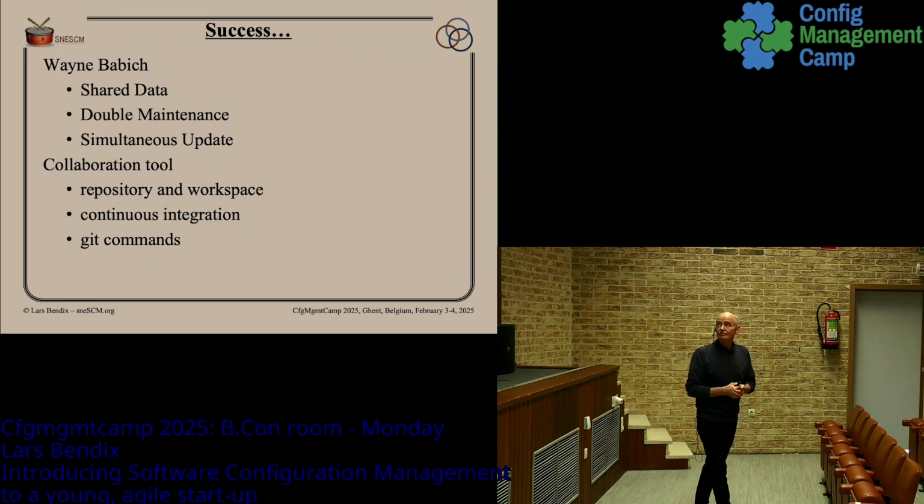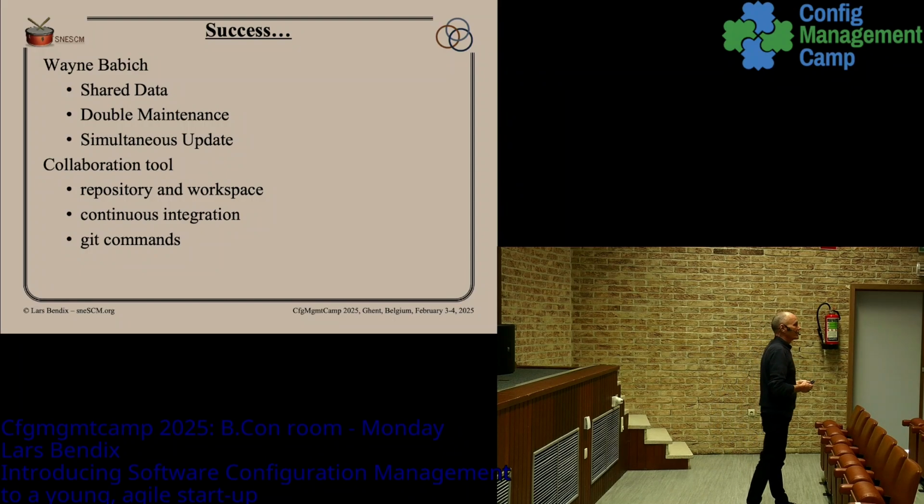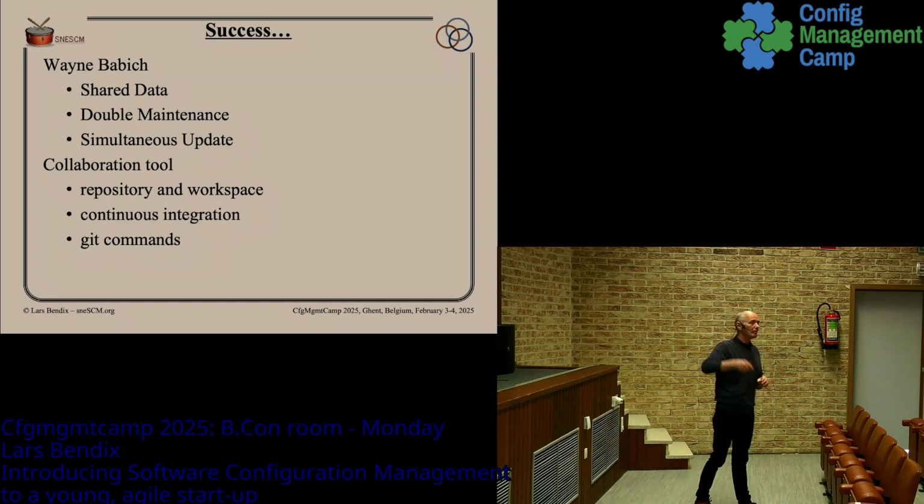Continuous integration, basically a way of handling the double maintenance problem. You have a workspace, he has a workspace, he has a workspace, I have a workspace. We have 5, 10 copies of the code floating around. We are changing it in different ways. We have the double maintenance problem.